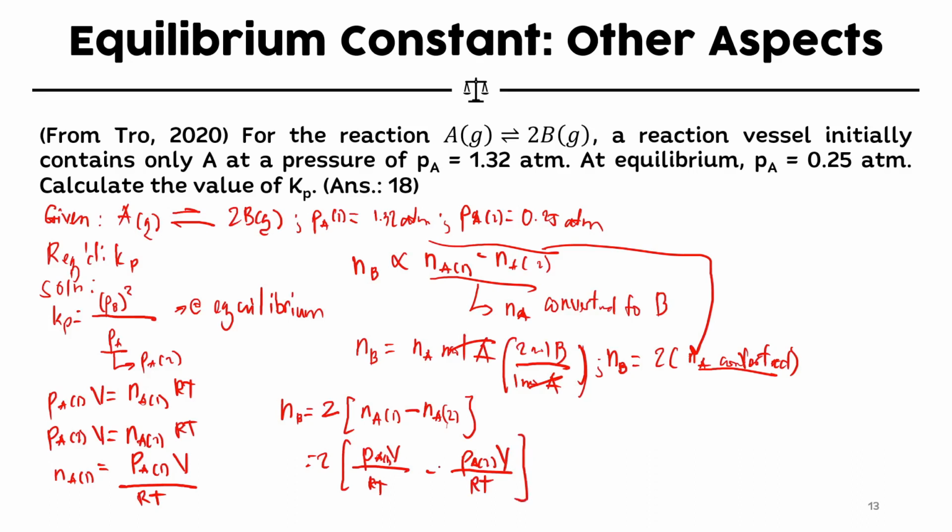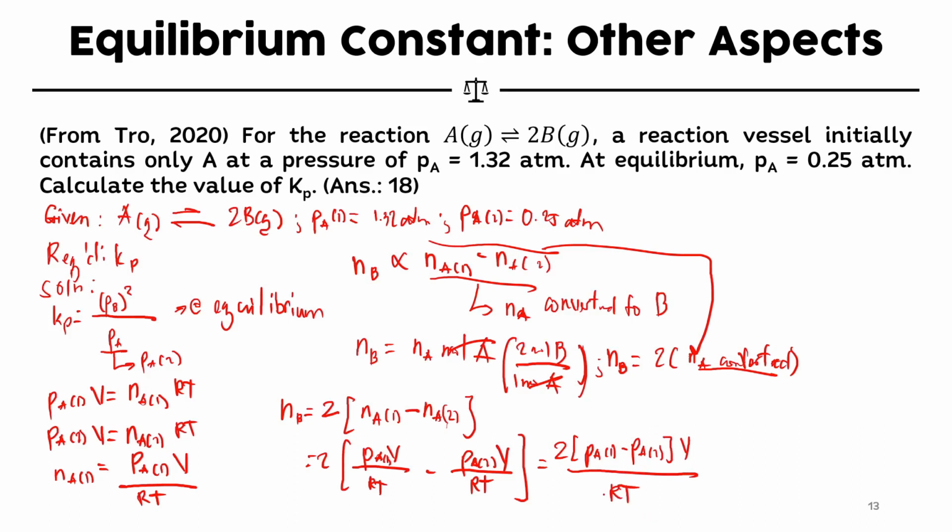So we can factor out V over RT to make it look like this: 2 multiplied by Pa1 minus Pa2, all multiplied by V over RT.